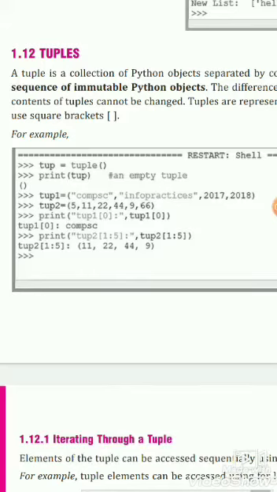When we print the value of the first member of the tuple, the indexing is the same as in lists or strings: left to right, positive indexing starting from 0, and right to left, negative indexing starting from -1. So here the 0th index of the tup1 tuple is comp sc, so that is printed.